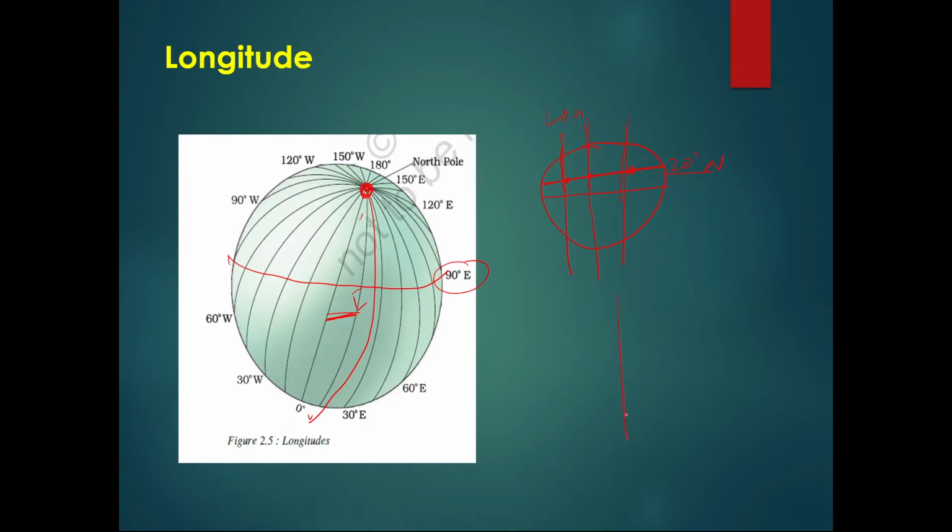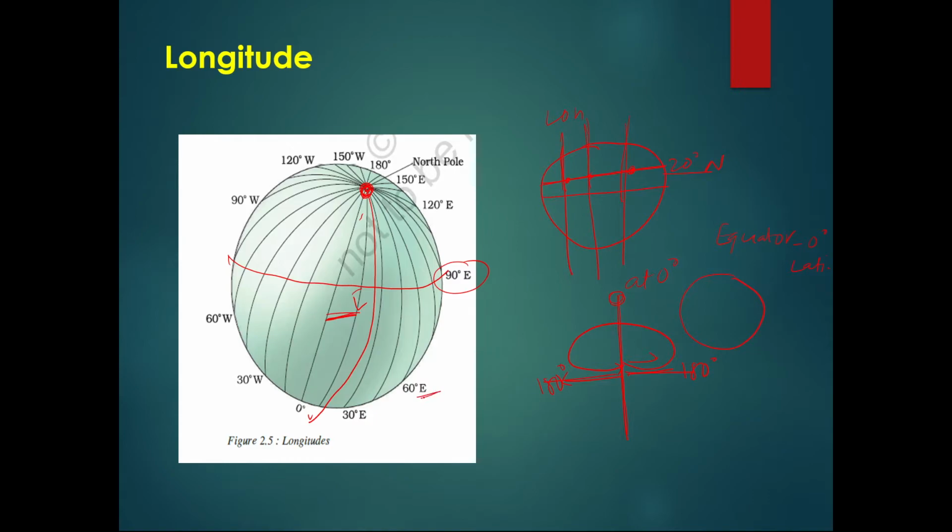So if this is the longitude, we can take a complete round and come to here. This is the circle, and if you navigate like this, this is 180 degrees in this direction and 180 degrees in this direction, so that we can circumnavigate 360 degrees. Like the equator is 0 degree latitude, in a similar way the prime meridian is at 0 degree longitude, and from the prime meridian we can count 180 degrees east and 180 degrees west.